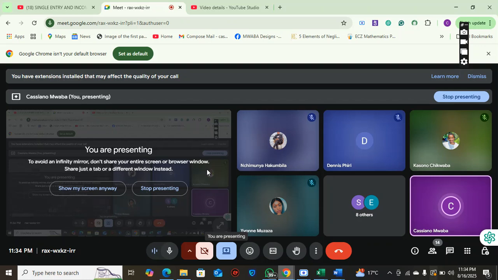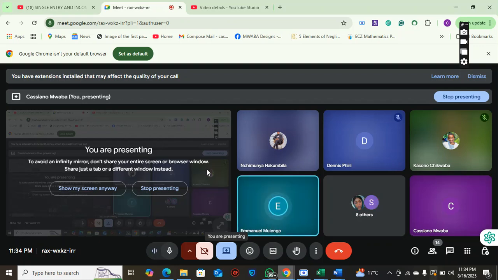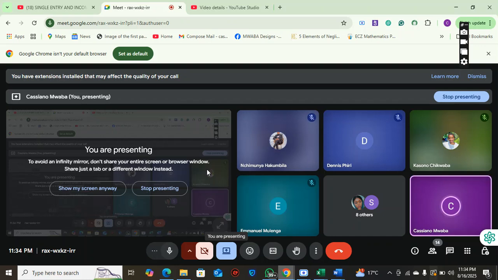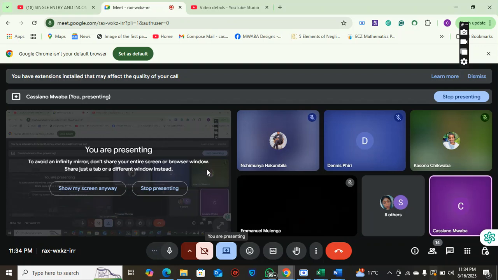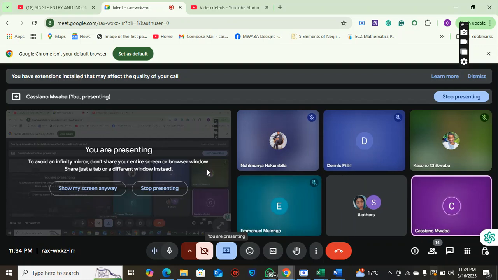Even though about 90% of you are not going to attempt incomplete records if you see it, what we're doing here is also going to be applicable in other topics. Like the cash book, how we're applying it here would be the same in bank reconciliation.